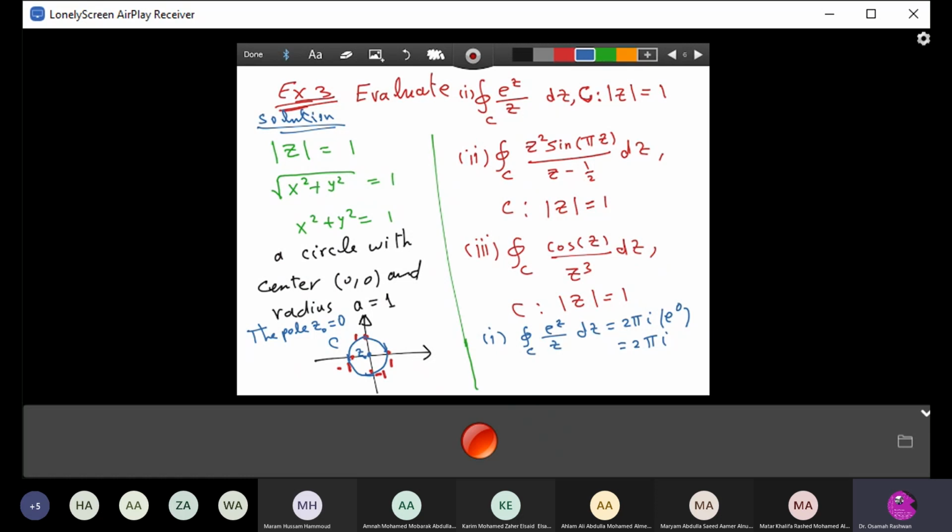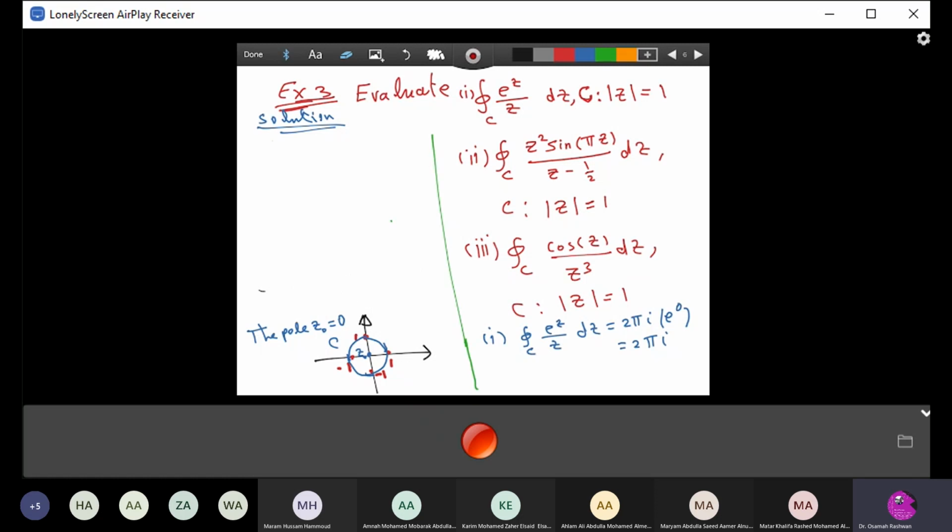Okay, take a screenshot because we'll go to the next one, or I'm going to delete this one to have a space for a second. Okay, now I know my contour, so I would like to graph it.